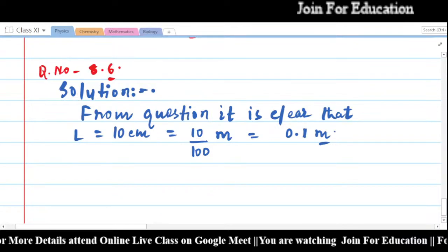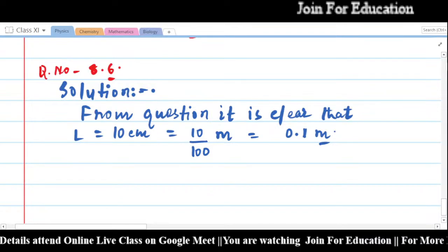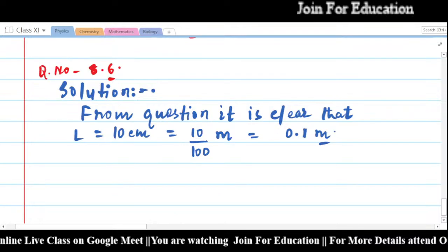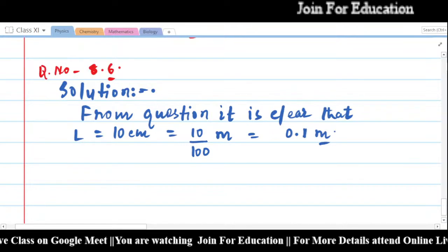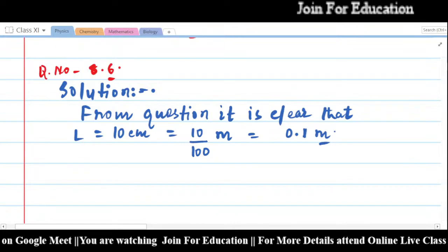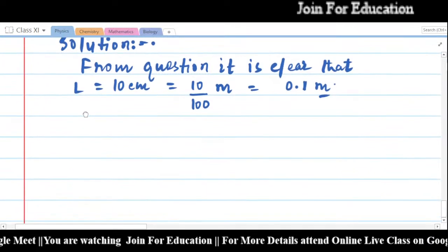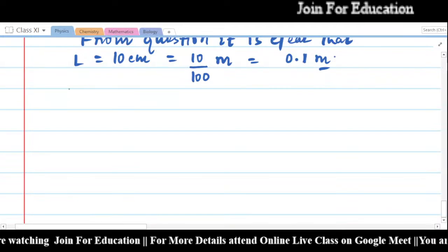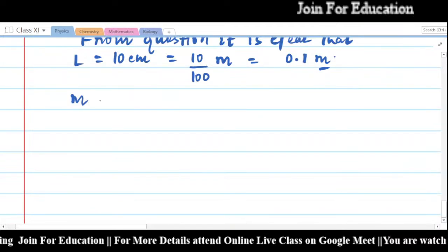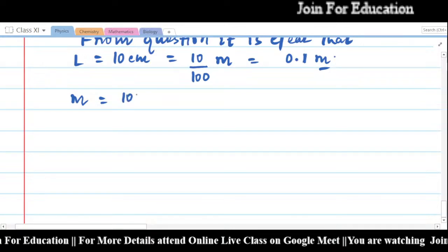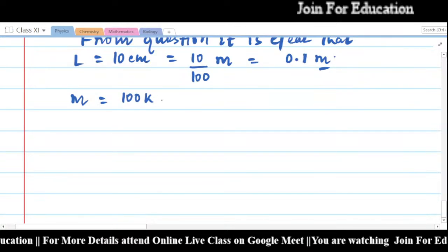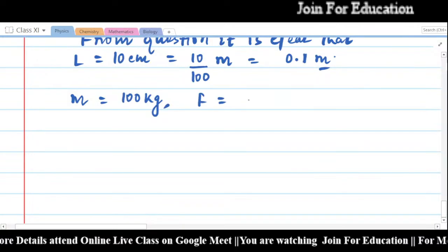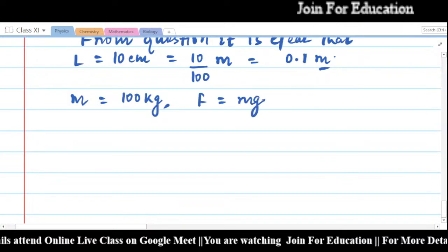The next sentence of this question says that a mass of 100 kg is then attached to the face of the cube. This sentence gives the value of m. So we write down here m equal to 100 kg, and in this question we need the value of F. So F will be mg.